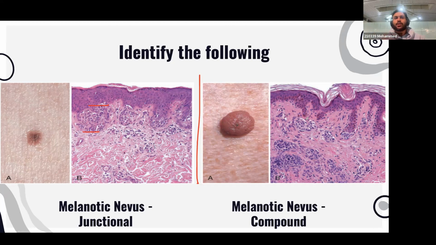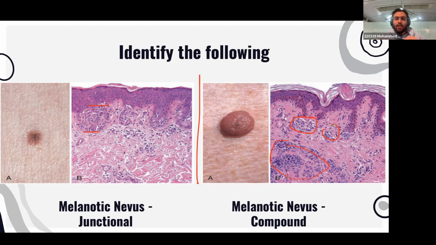So compound, you look at it from outside firstly. Instead of it being a flat lesion, it's a large, I don't want to say pedunculated lesion, but it's a growth outside that makes it a compound one. And then when you do a biopsy, you see that it's going into the dermis. It's dermal. So you can see here, this is it in the dermis, and this is it in the dermis over here.